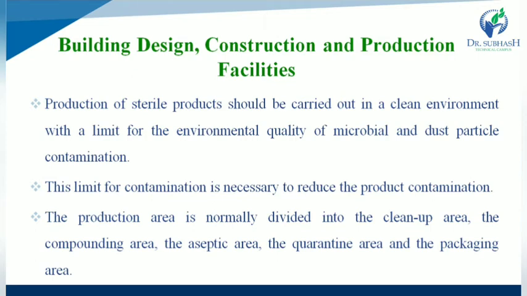So production of any sterile product should be carried out in a clean environment, maintaining the quality by reducing microbial contamination as well as dust particles. Why is that necessary? To reduce the product contamination. So the production area is normally divided into various areas. We already discussed cleanup area, compounding area, aseptic area. We already listed them in the last slide and will discuss them in the next slides.